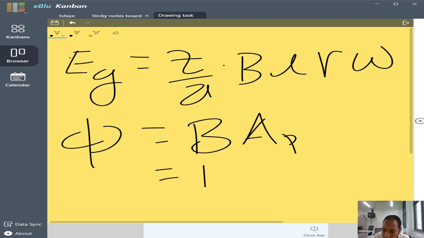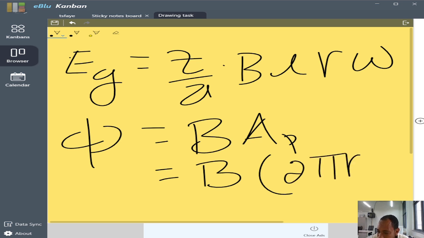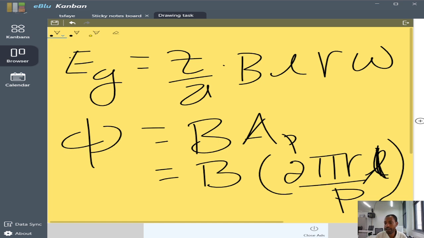And this area of a pole, again, is 2 pi R L by P, where L is the length of the conductor. This is the flux.